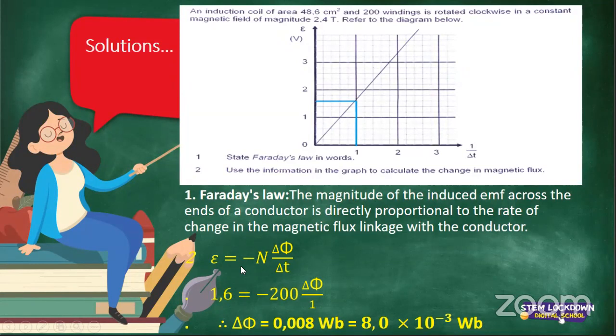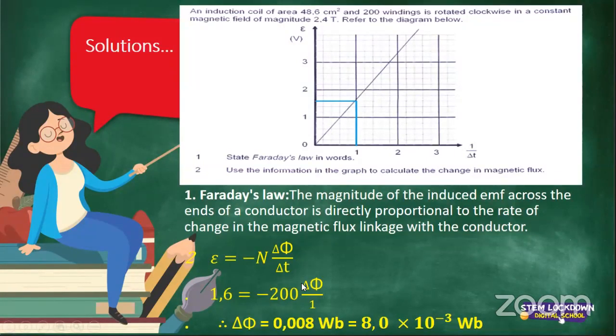EMF is 1.6. And then time, it's 1 over 1, which is 1. And then number of windings is 200. The only unknown that we have here is the magnetic flux.